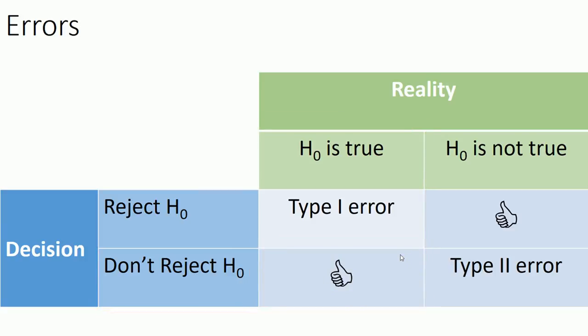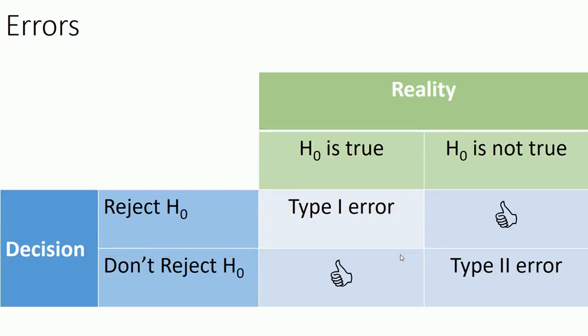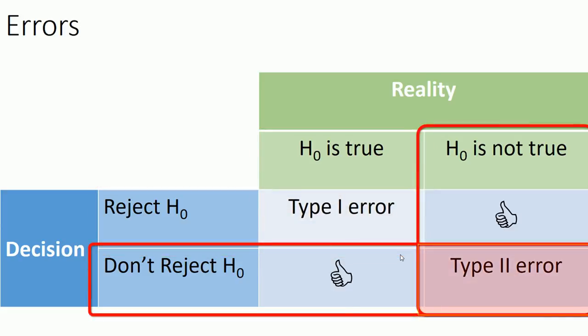But the errors are called type 1 and type 2 errors. If the null hypothesis is true, but our sample leads us to a test statistic which causes us to reject it, so rejecting the null hypothesis when in fact it is true, that's called a type 1 error. And failing to reject the null hypothesis when it is not true and we should have rejected it, that's called a type 2 error.